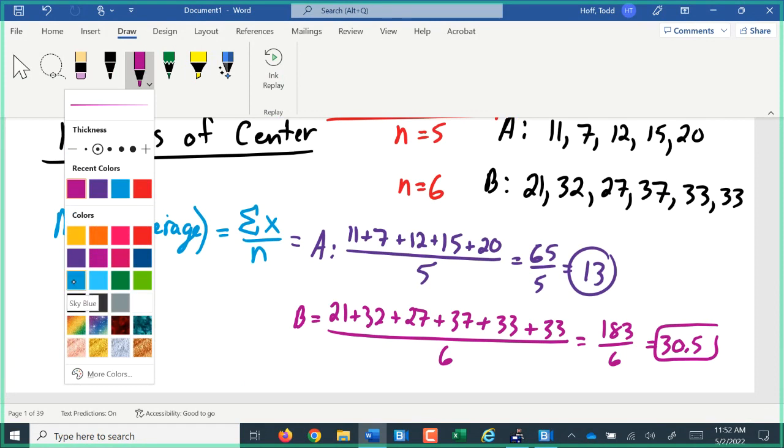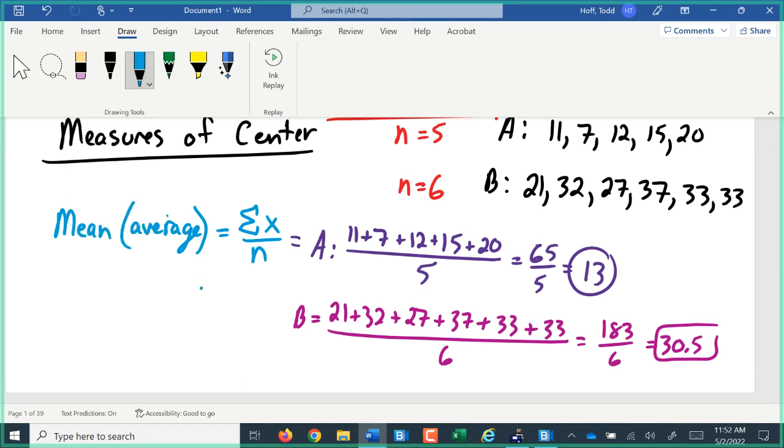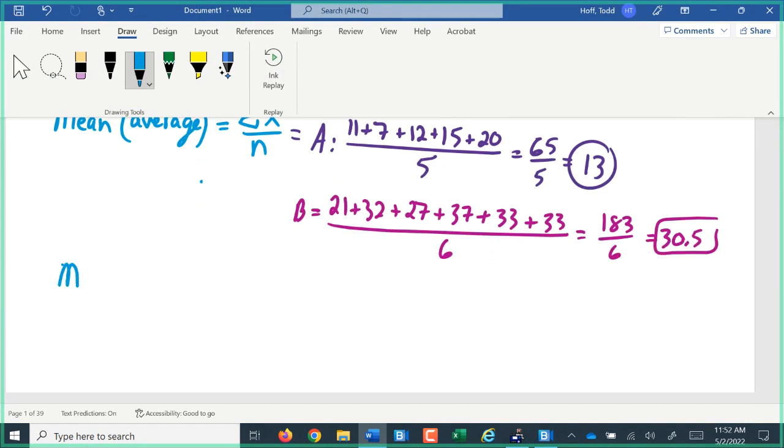Another measure of center is something called the median. And the median is physically the middle value in the data set. To find the median, we go through a 3-step process. Step 1 is we put the numbers in order.